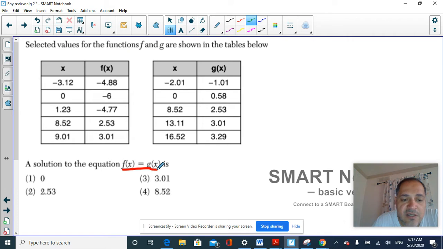It means that the value of y is equal at what value of x? So first we are going to look at which parts in f of x equal g of x. Which one? Yes, if you look at both, you will find 3.